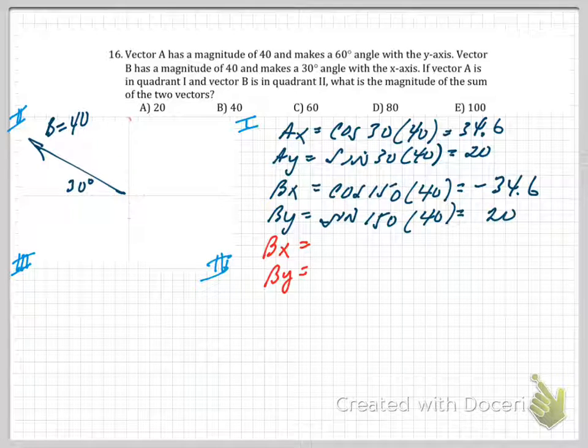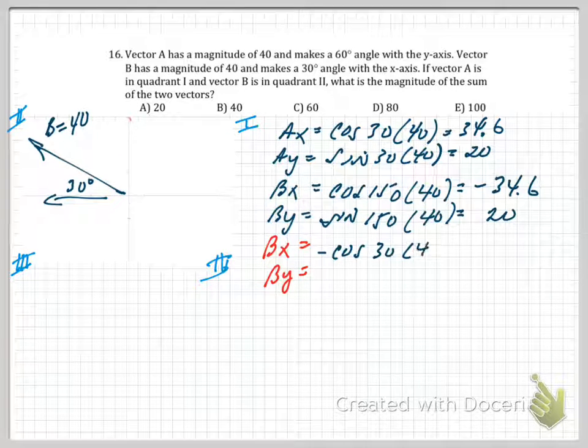All right, so what we could say is that in the x direction, it's going to be equal to negative cosine, because it's going in the negative direction, of 30 times 40. So cosine 30 times 40, and we get negative 34.6.